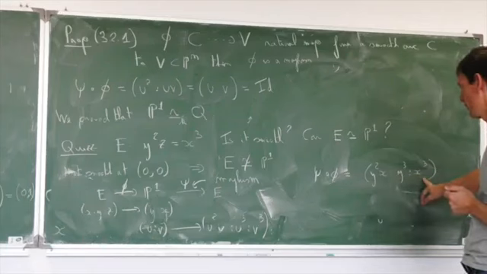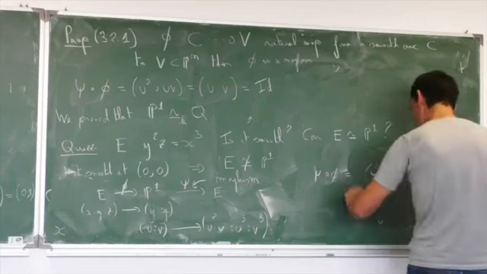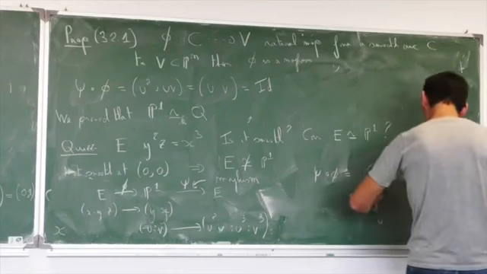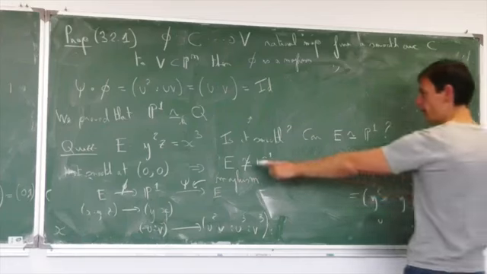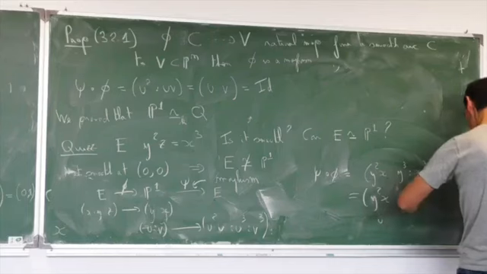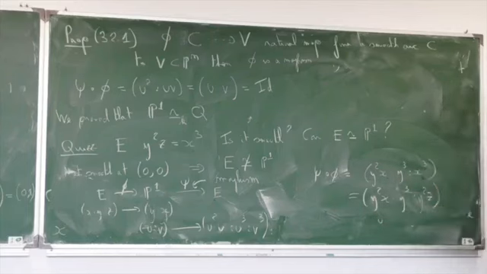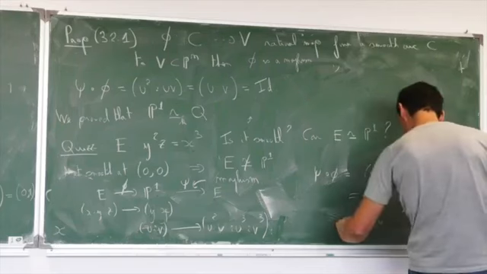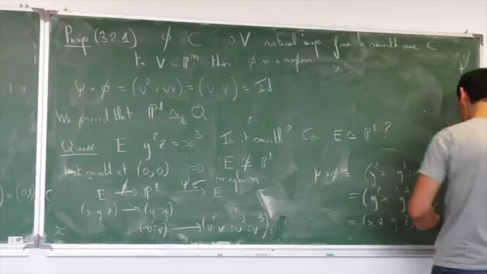Let's see. No, maybe not. No, it's okay. That's right. So that's y squared x, y cubed, and now I can replace x cubed by y squared z. Cancel y squared, and I get (x, y, z).